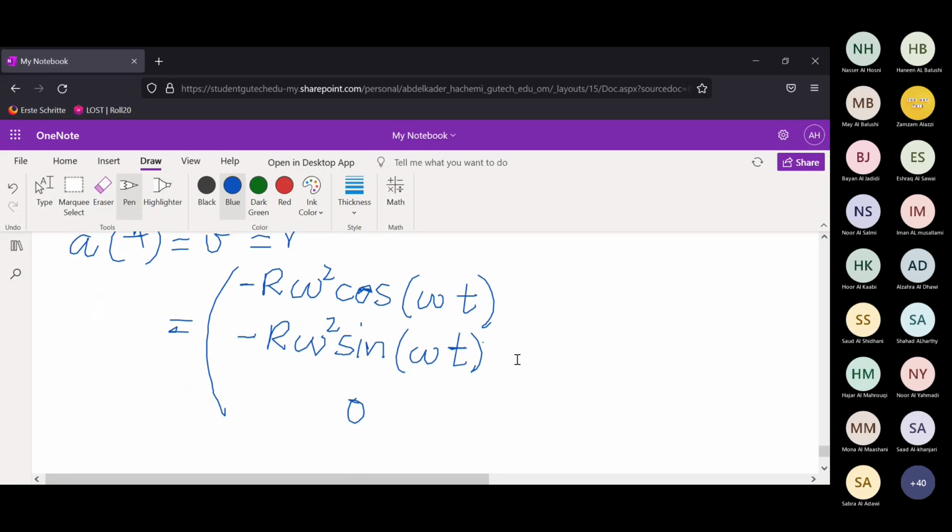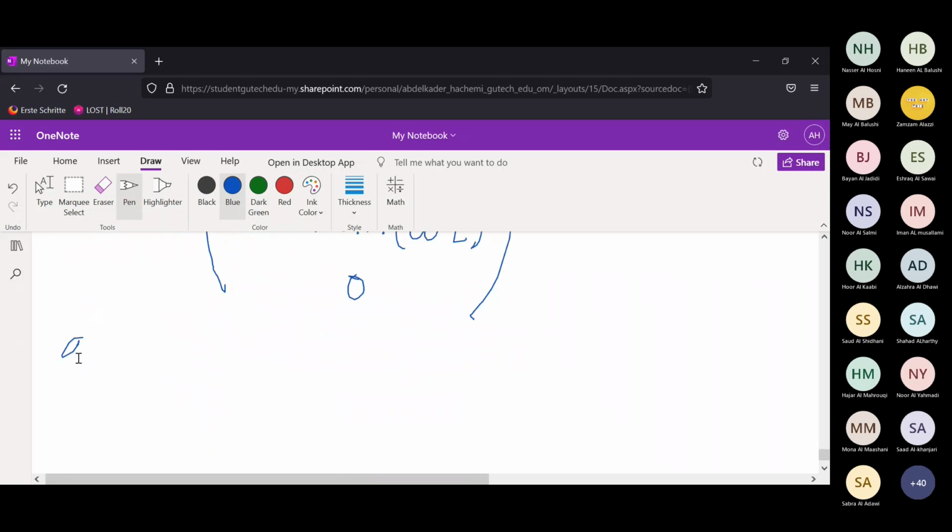That A, if we take the same principle, A magnitude, it's only the absolute value of A at time t, and here the same principle.